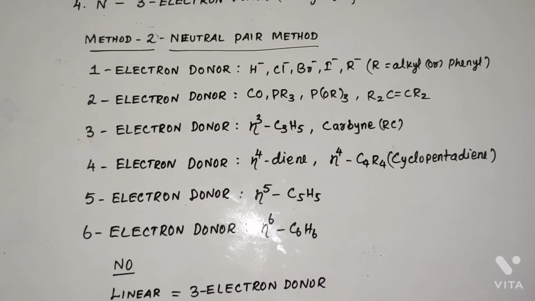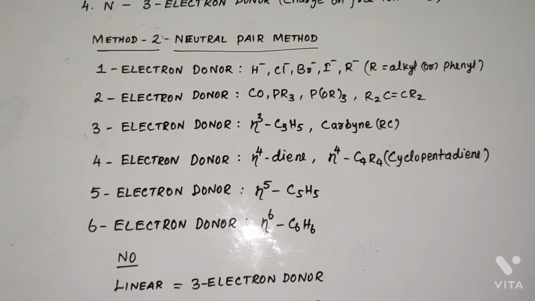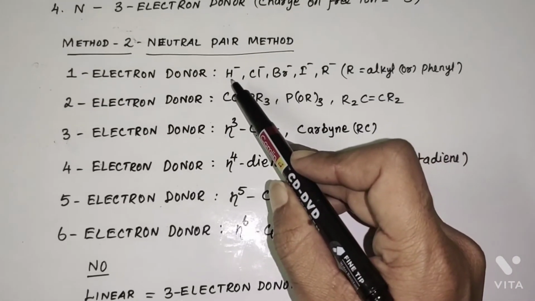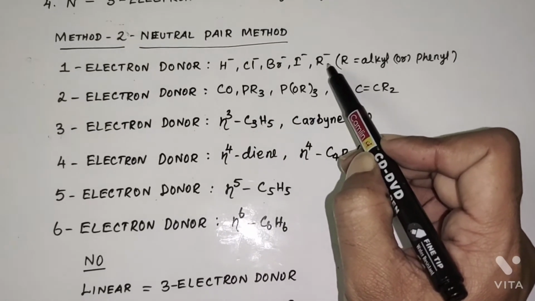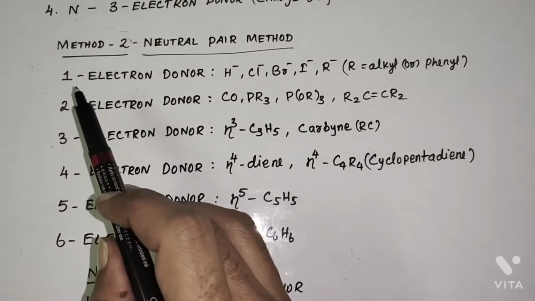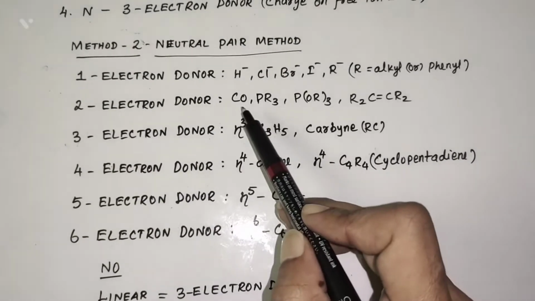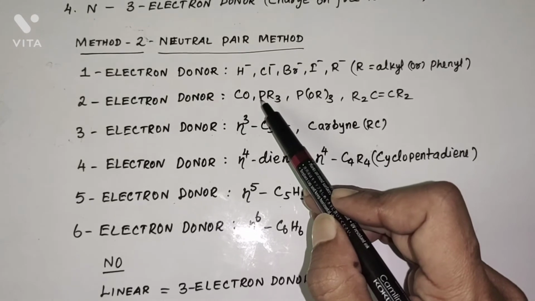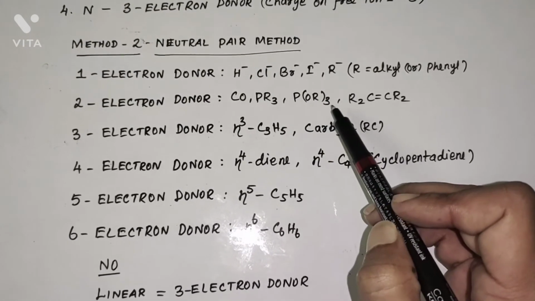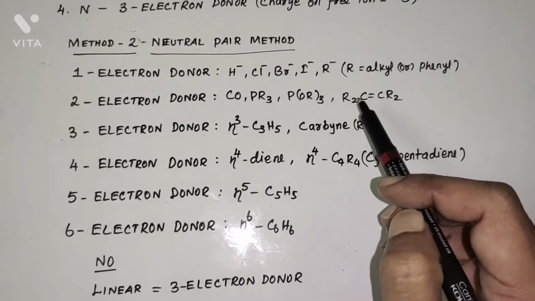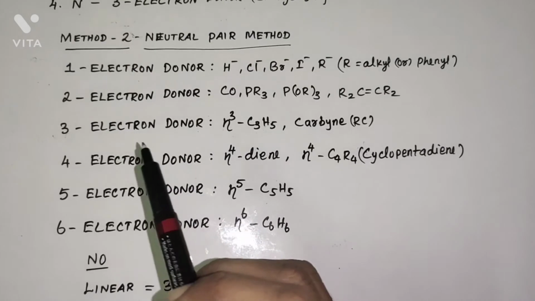Now, we are going to see electron counting schemes for common ligands. Hydrogen, chlorine, bromine, iodine and alkyl groups are 1 electron donors. Carbonyl, trialkyl phosphine, phosphine trialkoxide and alkenes are 2 electron donors.